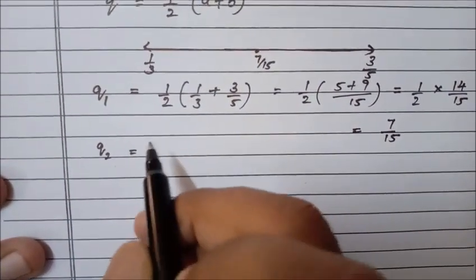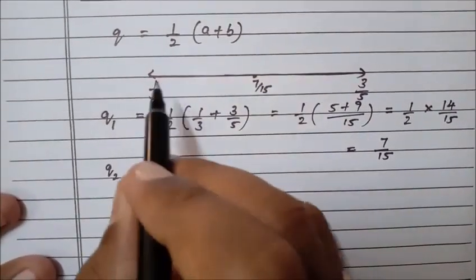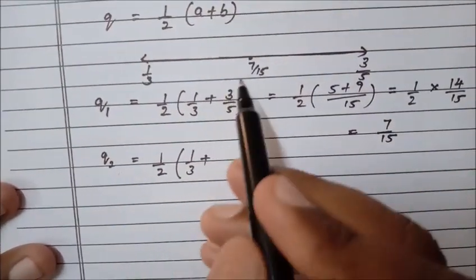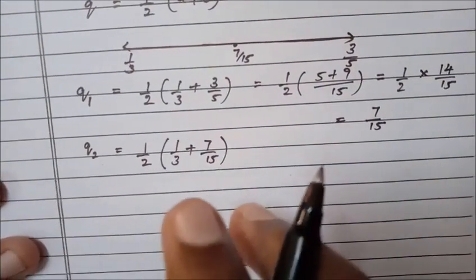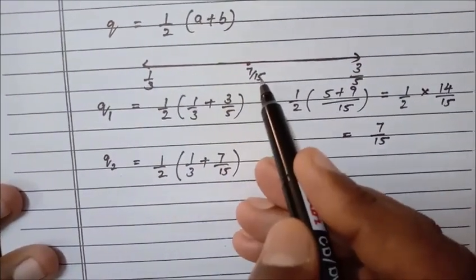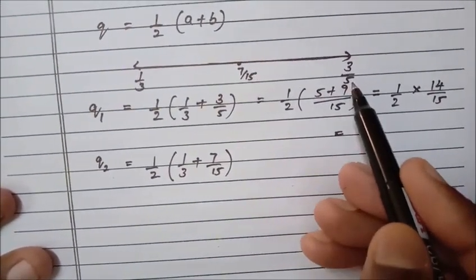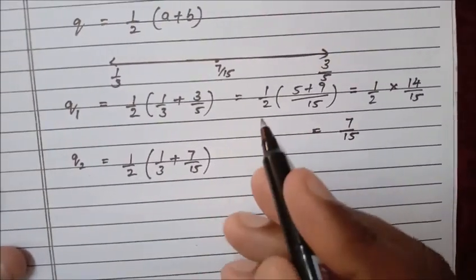So Q2 is equal to 1 by 2 multiplied by A, A means 1 upon 3 plus B means 7 upon 15. The same way you can consider either 1 by 3 and 7 by 15 or 7 by 15 and 3 by 5. So here I am considering 1 upon 3 and 7 upon 15.